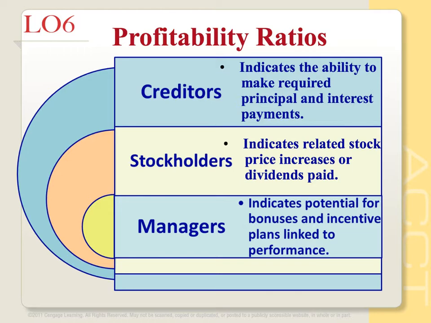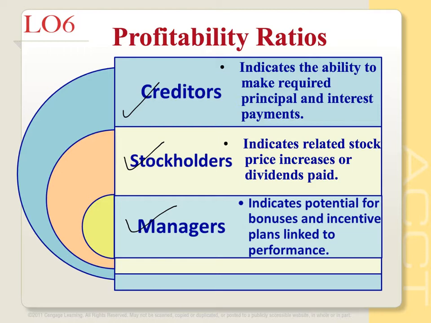Managers obviously are also very concerned about profitability because often it's related to their performance evaluation and or tangible rewards from bonuses and incentive compensation plans. So when we look at profitability ratios, everyone that you deal with pretty much has an interest in whether or not the company is profitable or not.